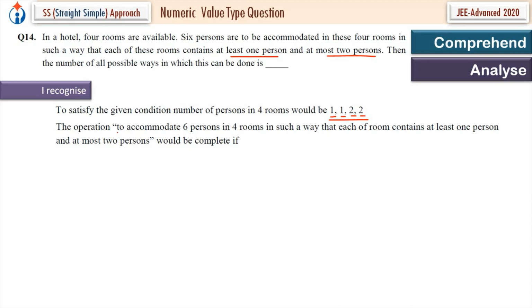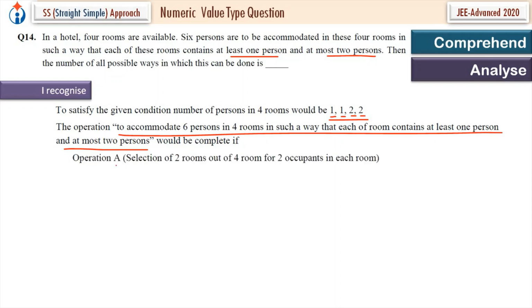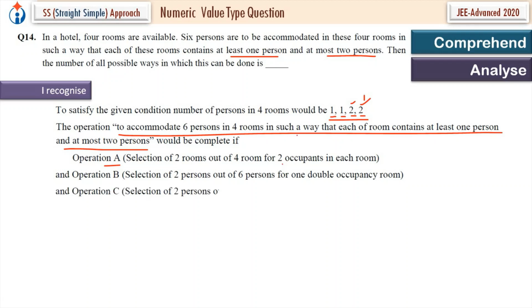Now the whole operation, for which we need to find the number of all possible ways to accommodate 6 persons in rooms such that each room contains at least 1 person and at most 2 persons, would be complete if I perform operation A, selection of 2 rooms out of 4 rooms for 2 occupants in each room. Operation B, selection of 2 persons out of 6 persons for 1 double occupancy room.